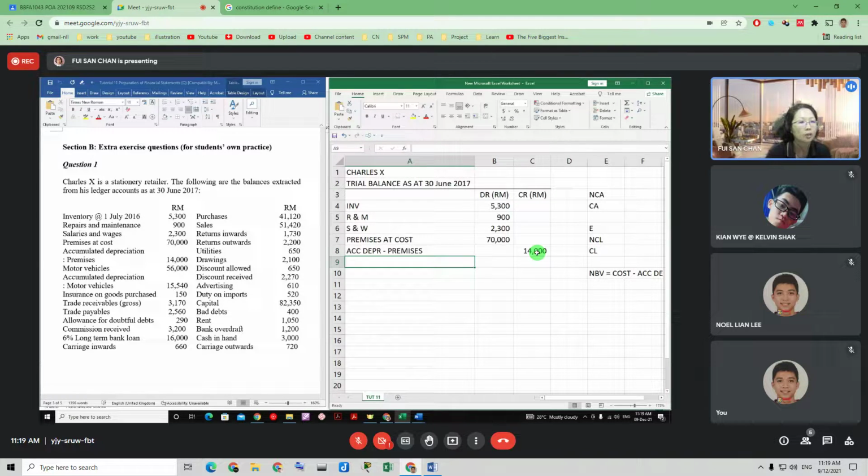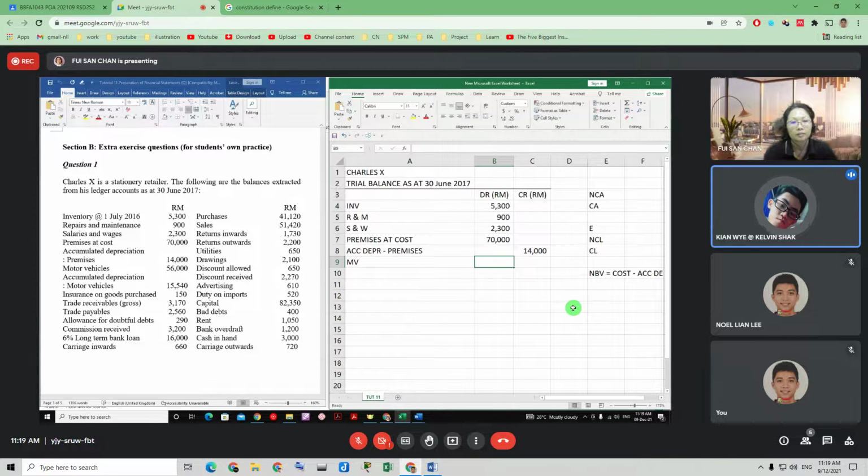Okay, then the next one is motor vehicle. Motor vehicle is a debit, a non-current asset, so debit lah.